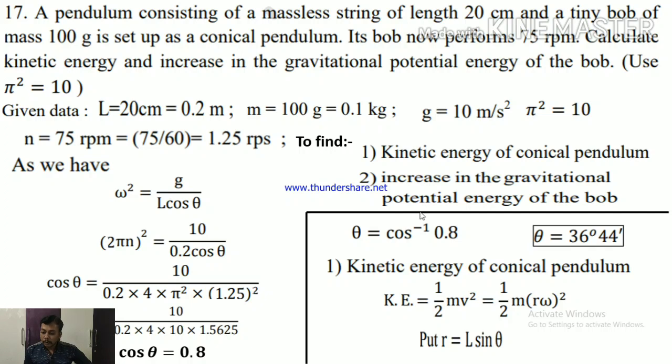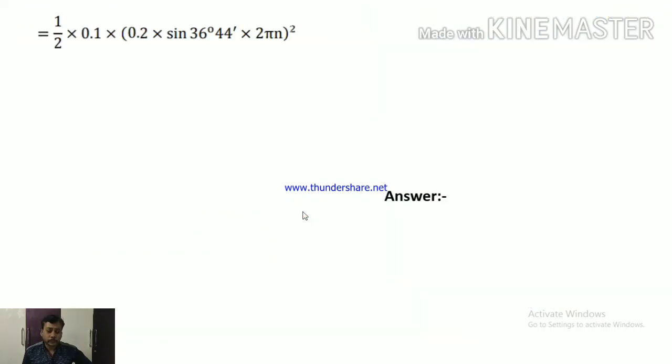So for this theta is required, so theta is 36 degree 44 minute. Now put this value here, we get 1 by 2 into 0.1 into 0.2 into sine of 36 degree 44 minute into the value of omega, that is 2 pi n, square.